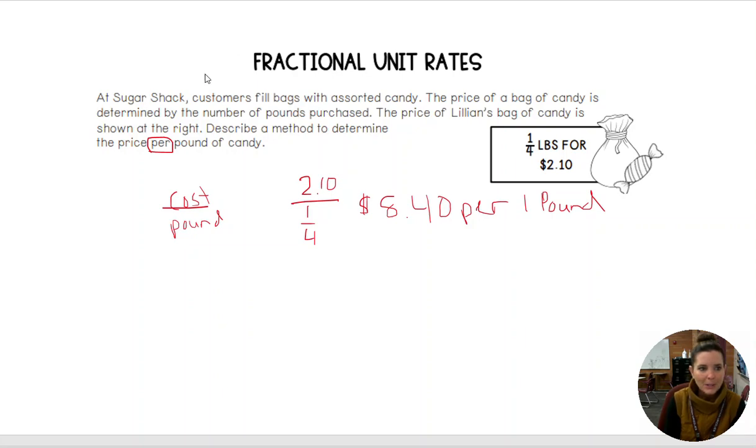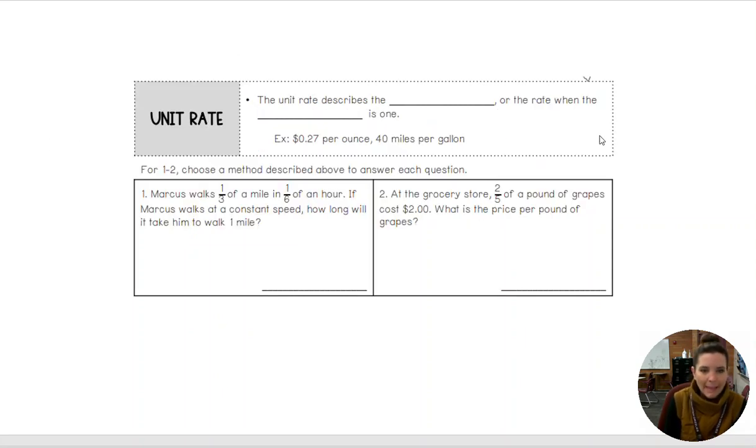Okay, let's go ahead and look at the next part of our notes. It says the unit rate describes the amount for one. Okay, so we want to say unit rate is always the amount for one, or the rate when the denominator is 1.